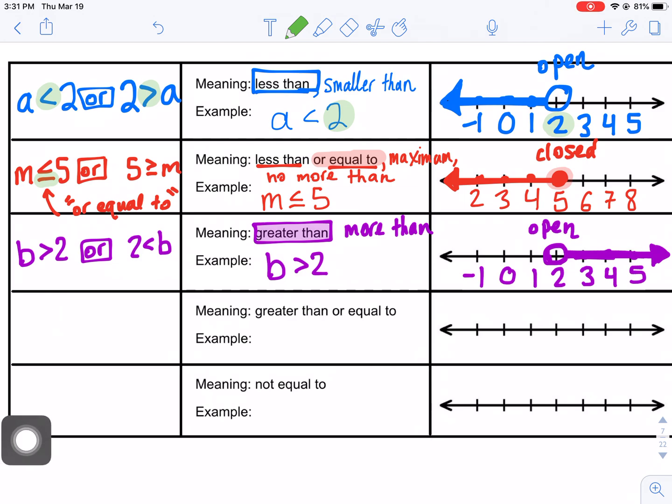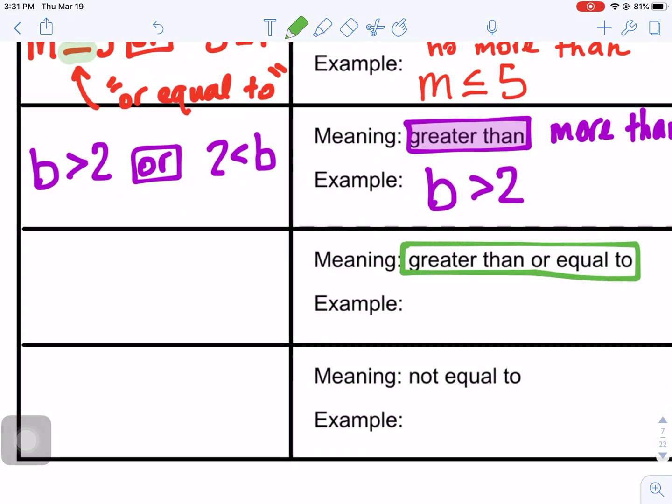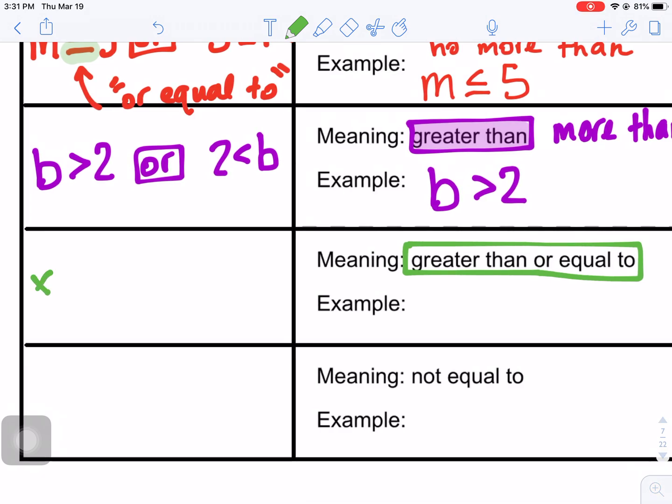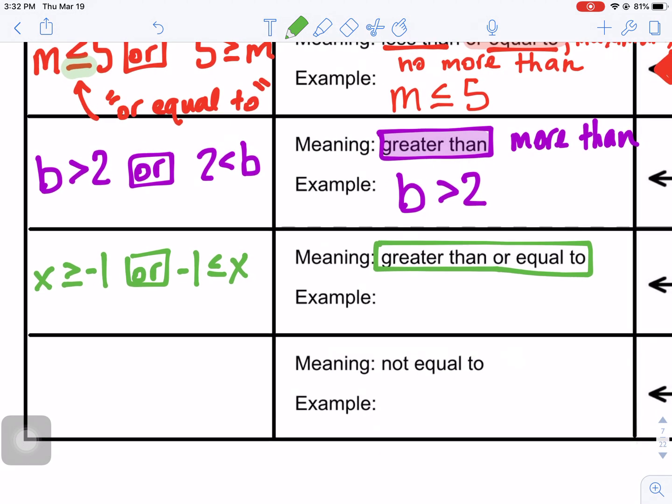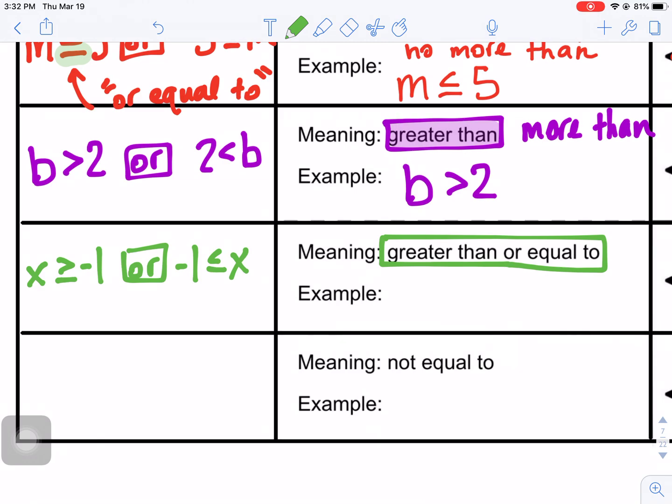For the next one, the words are greater than or equal to. That would look like x is greater than or equal to -1, or the flipped version of that. Words you might hear that are the same: minimum, and the words at least.